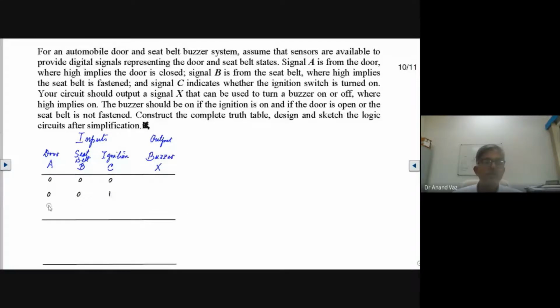So let us prepare this complete truth table. These are all the possible inputs that we can have.